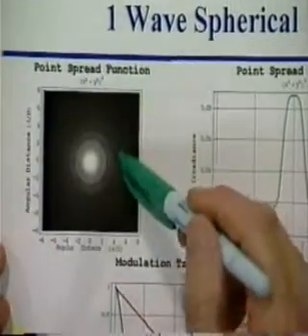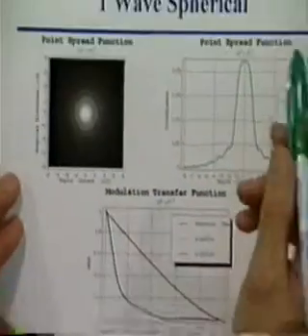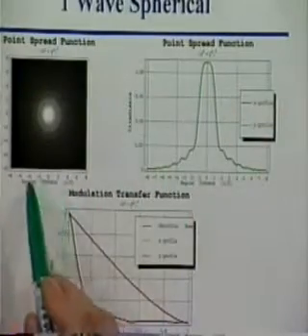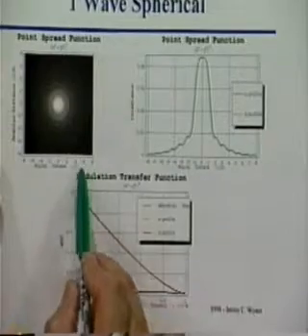Now let's go on to look at spherical aberration. Again, I picked one wave of spherical, and that's our point spread function. The angular distance here goes as lambda over d.